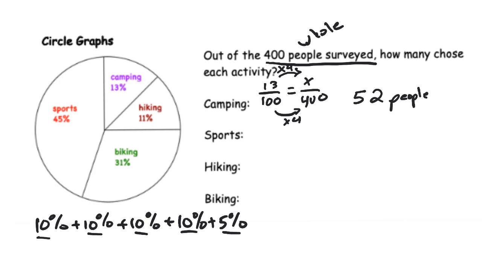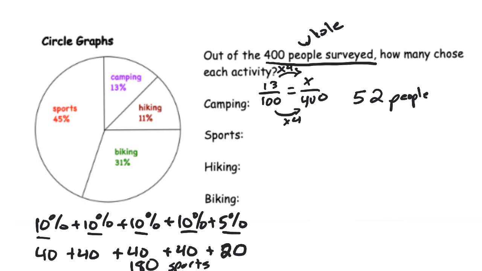Well, 10% of 400, that's just 40. So it's 40 plus 40 plus 40 plus 40 plus 5. Not 5. 5% is half of 10%, so it'd be plus 20. So if I add that up, 40 plus 40 is 80, plus another 40 is 120, plus another 40 is 160, plus 20 more would be 180 people like sports.